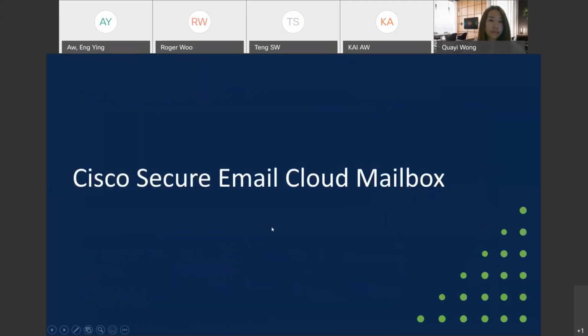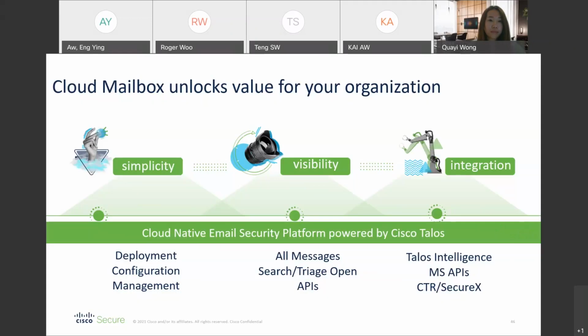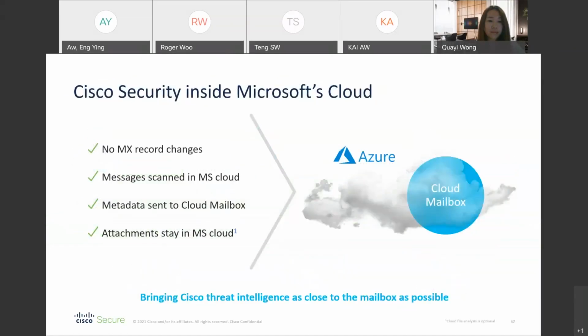We also have protection for the Office 365 user. This is where we have the Cloud Mailbox difference. It's basically very straightforward. You will do the integration with Office 365 to scan through all the emails, and then we also have integration to our SecureX to do all the threat hunting and of course all the blocking. There are no MX record changes.